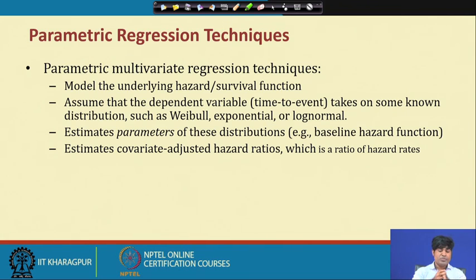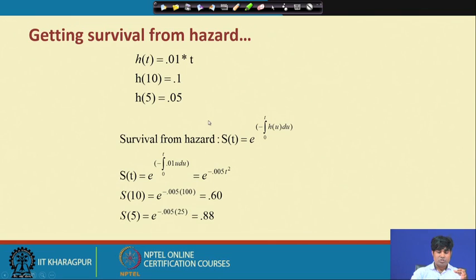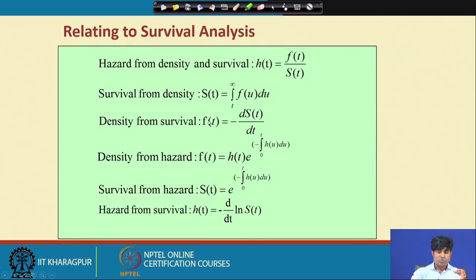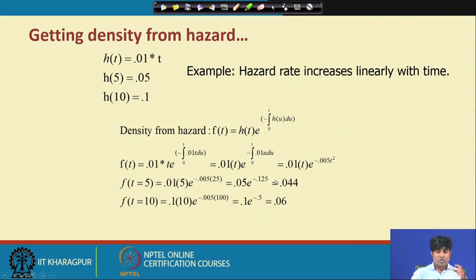The third point is to estimate parameters of these distributions corresponding to the baseline hazard function. As we have already discussed, these are all various parameters related to hazard functions, and these are all mathematical modeling related to survival analysis and hazard type of modeling.